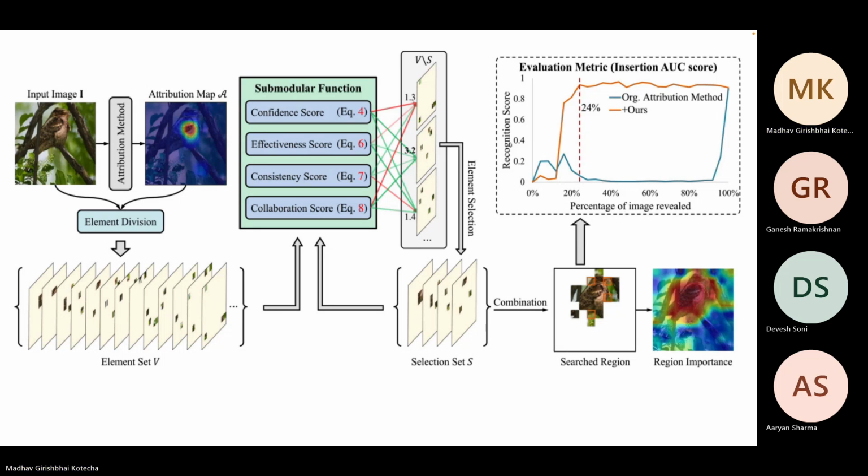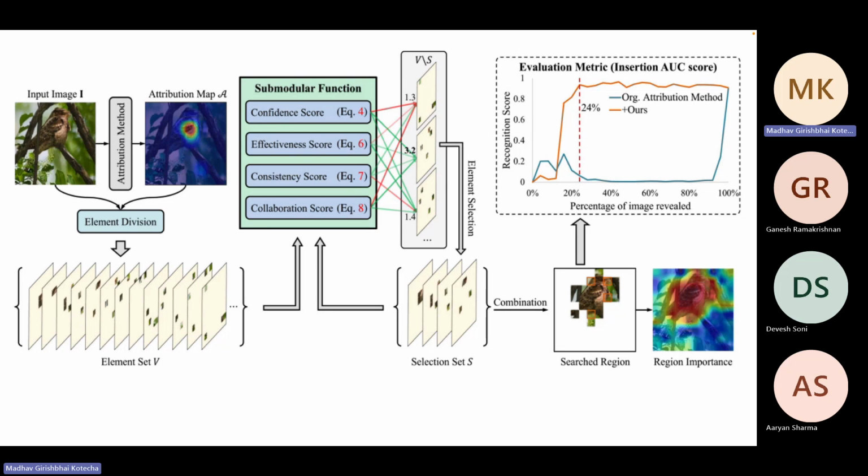Then instead of randomly taking the subregions, we allot the subregions in such a way that, for example, if we have n cross n patches and we want to make m subregions, each of the subregions would be allocated d patches. That allocation would be based on the importance which we get from the saliency map. So the first subregion would get the first d important patches. The next subregion will get the next d, and so on.